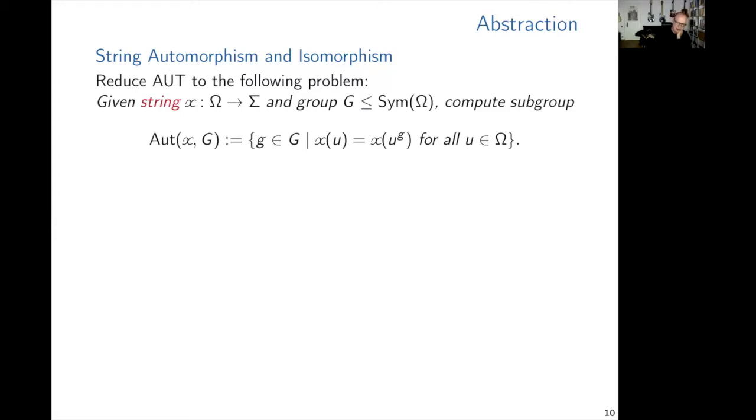Okay, and we can always reduce the automorphism problem to a problem of this type. So we're given a string. Now a string is something you would normally not think of as a string, but anyway, people in this area do.